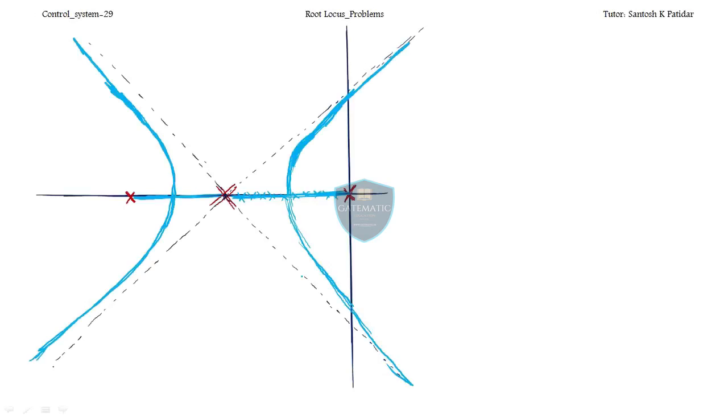Whatever rules we have seen, we'll understand with the formulas by the reverse approach. This is my approach: I have already drawn one root locus diagram for a particular question. Here I'll show you what points we have to calculate.